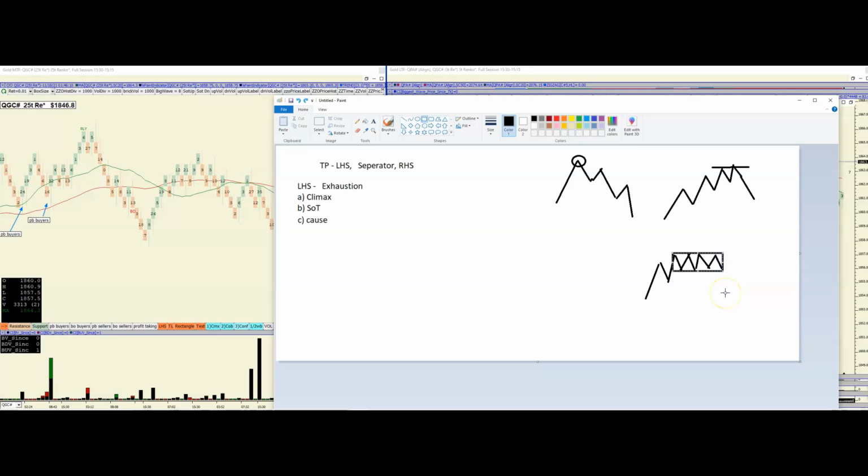But understand it's not just that. Look, one attempt, two attempts, three attempts, four. All four attempts can't go higher. They're stuck. This is an indication of failure to go up. So cause is not just thinking of it in terms of accumulation or distribution, but also from the other angle of failure to go higher.